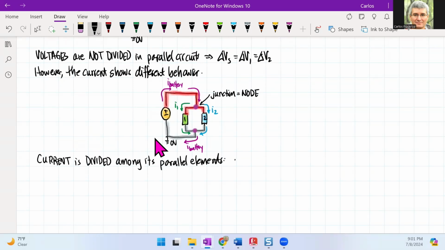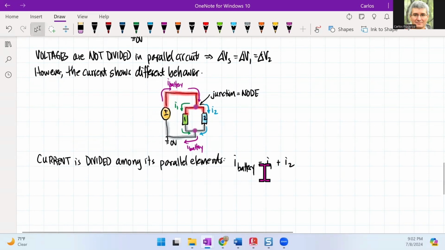And that tells us that the current of the battery is going to be the current through element 1 and the current through element 2. Again, color coding these to remind you that it really is 2 different currents as we're seeing right here.